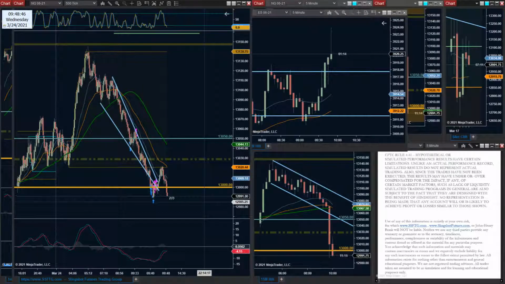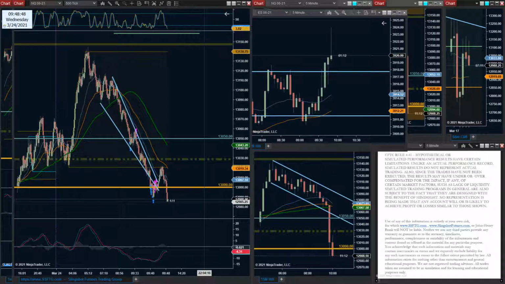Bears coming in now with more continuation lower. Ooh. Now we're getting the breakdown attempt through the lows.